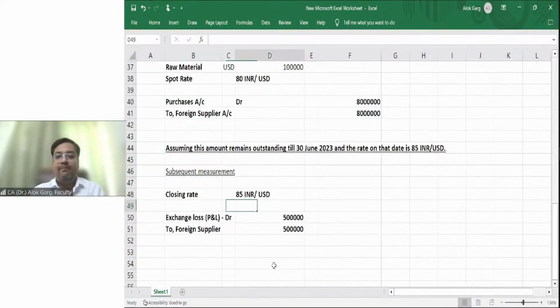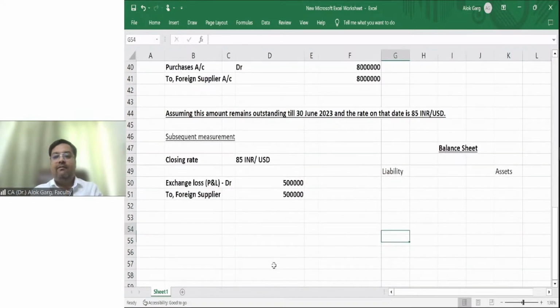How will this number be reflected in the balance sheet? If I draw a balance sheet for this transaction only, probably here you have a liability, foreign supplier liability. Let's say on this side you have assets.